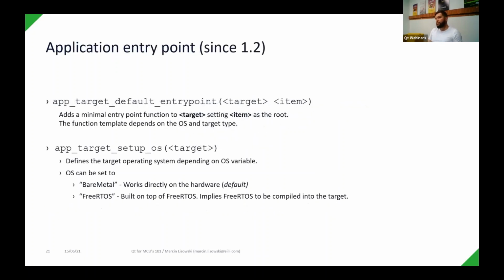Then some optional macros. So there is an app target default entry point, which follows the operating system that you have chosen and provides the default main for your application.